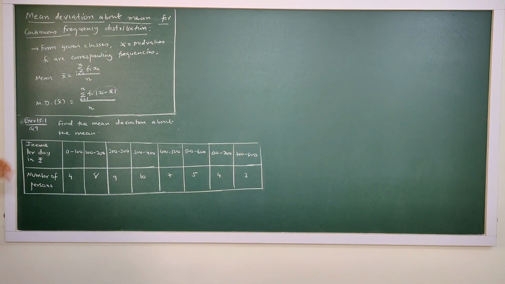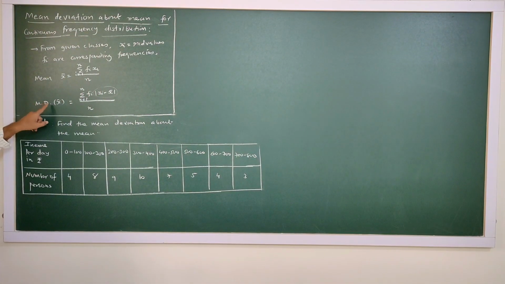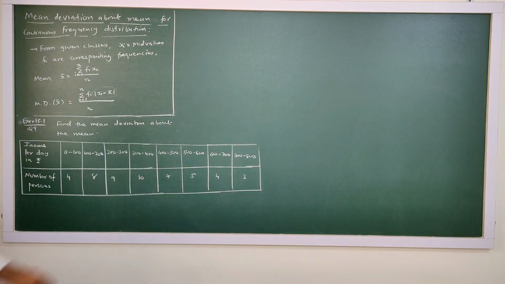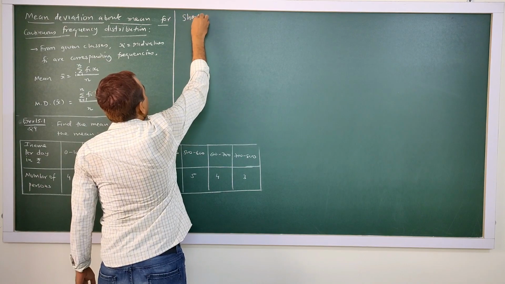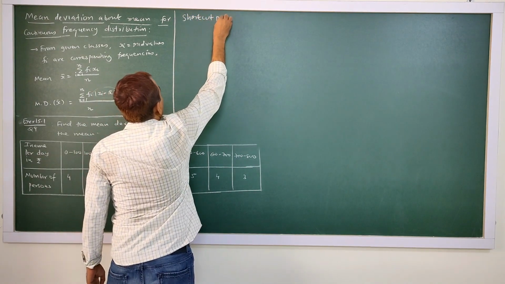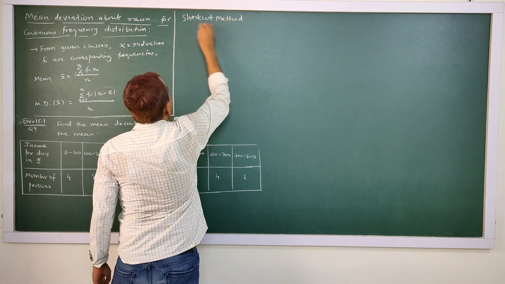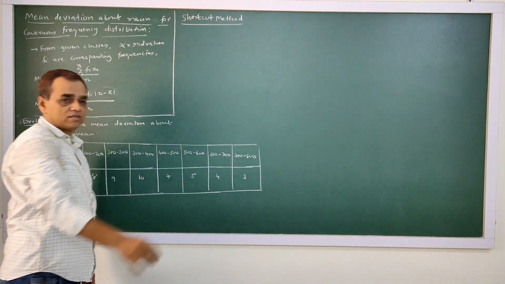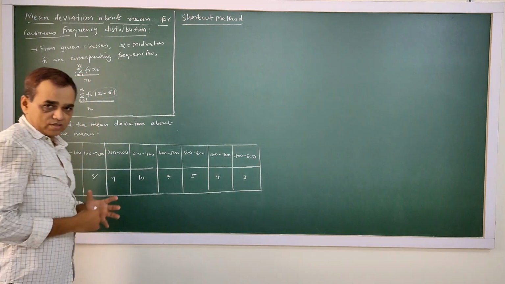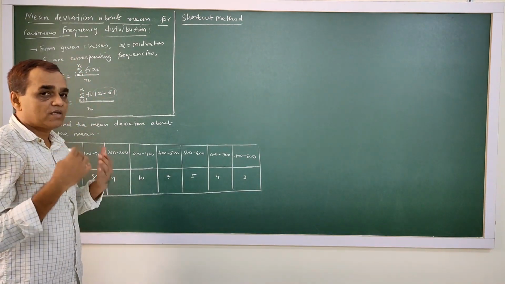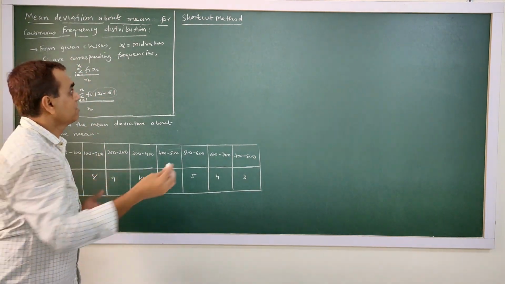Now there is a shortcut method to calculate mean deviation. So I am explaining the shortcut method. In this method, from mid values, we assume a mean.